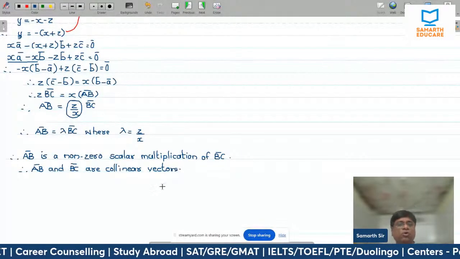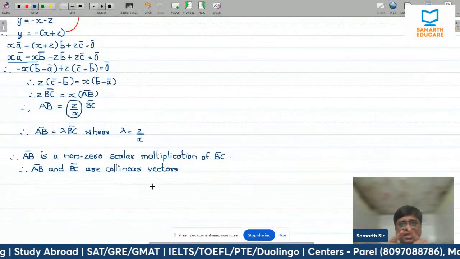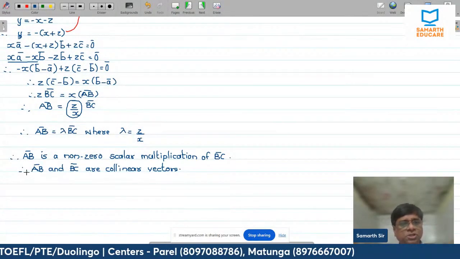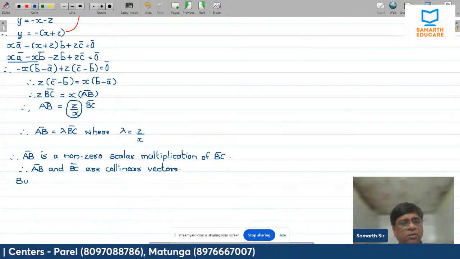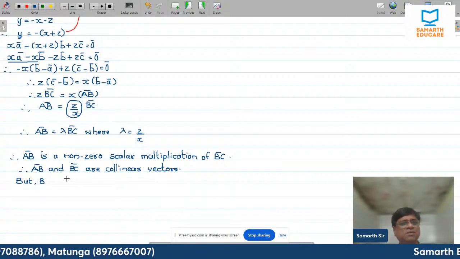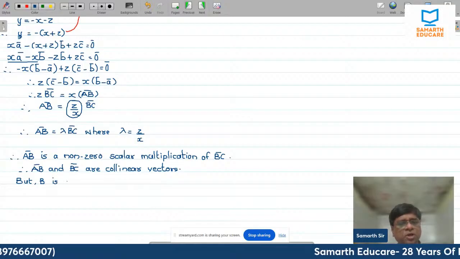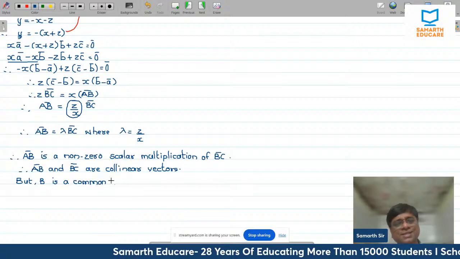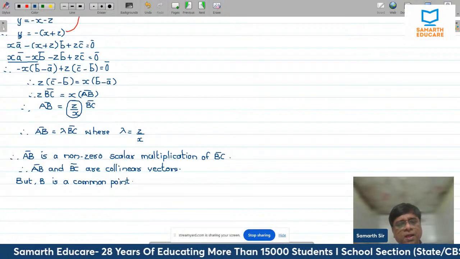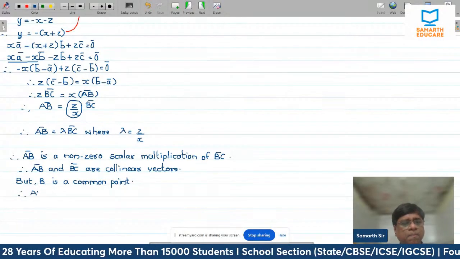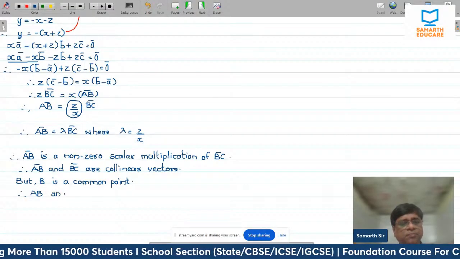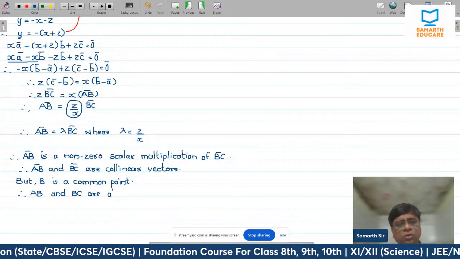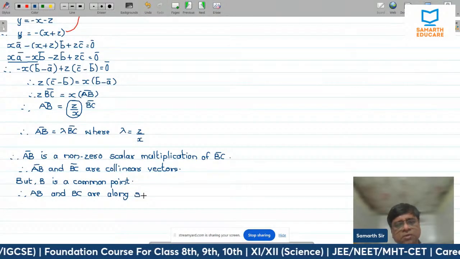Now see, when I say collinear vectors, there is a possibility that either they are parallel to each other or they are along the same line. Now you observe that B is a common point. If we observe AB bar and BC bar, B is a common point. If they have a common point, then naturally they are not parallel, they are along the same line. That means AB and BC are along the same line.